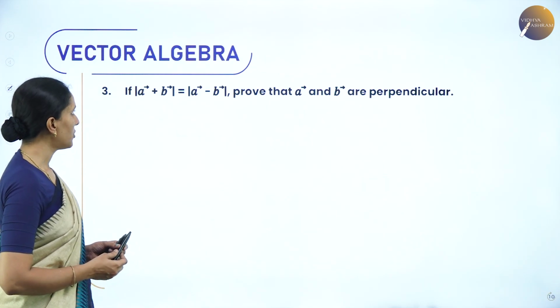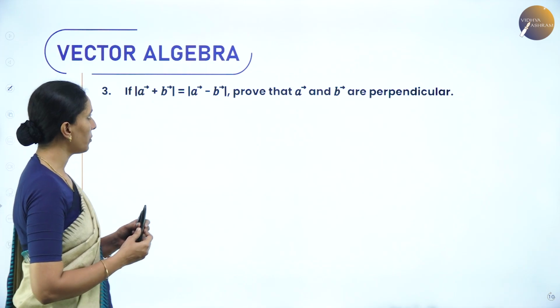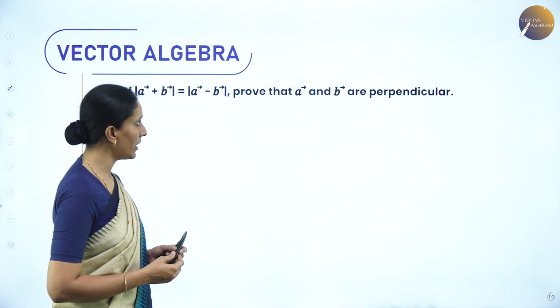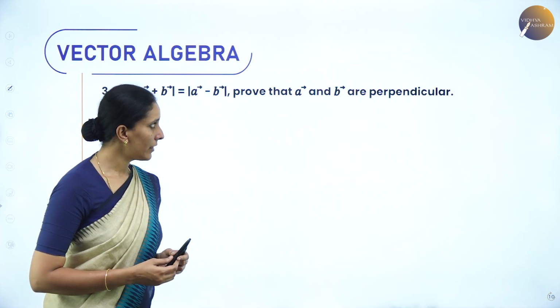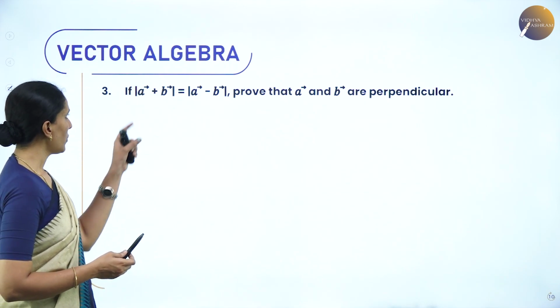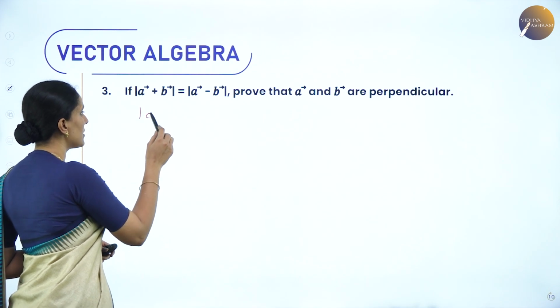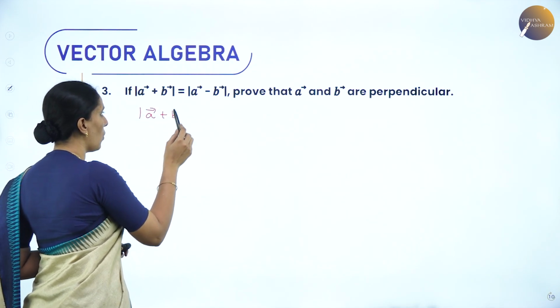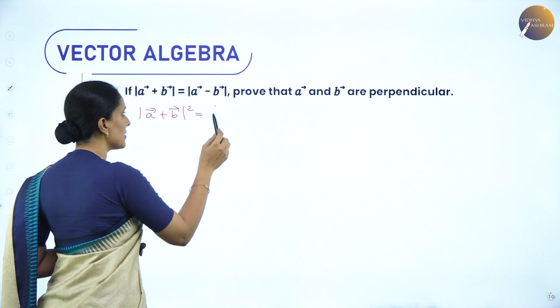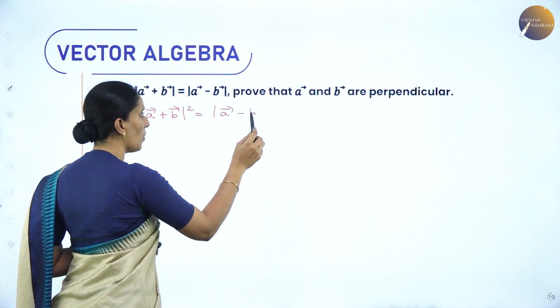Next, if magnitude of A plus B is equal to magnitude of A minus B, prove that vector A and vector B are perpendicular. So using this equation, let me square it on both sides. Then I'll get this in the form of (A plus B) whole square here, and here this is in the form of (A minus B) whole square.